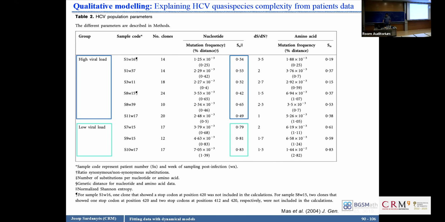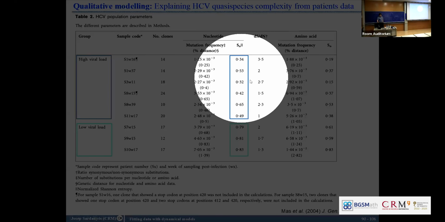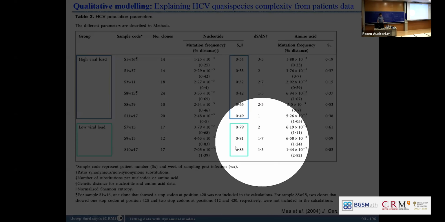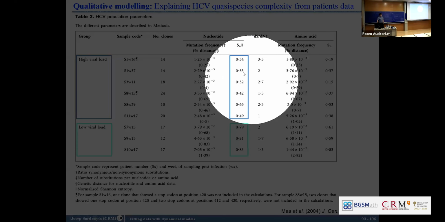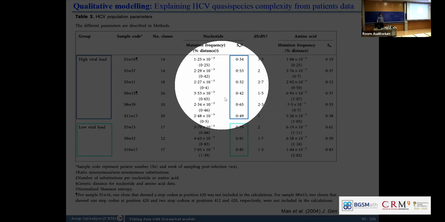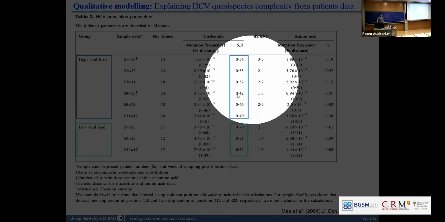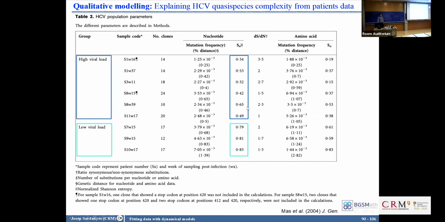They saw that for the high viral load, the Shannon entropy was low compared to those of low viral load. This is between 0 and 1. More or less the Shannon entropy for the people with a large amount of virus was about 0.3, 0.4, 0.5, and for the low viral load, 0.8, 0.8 something.